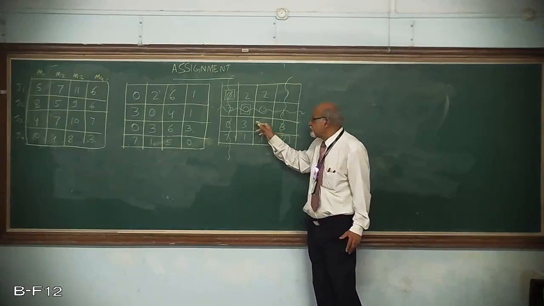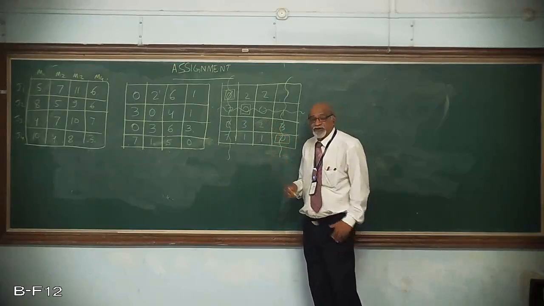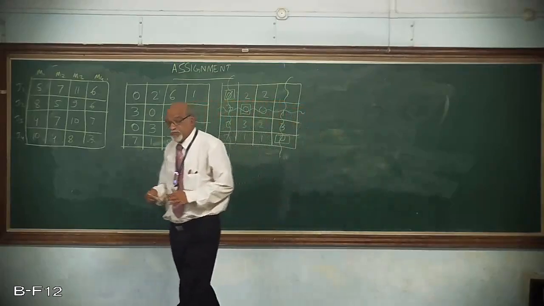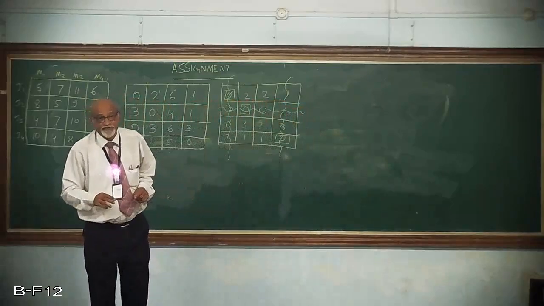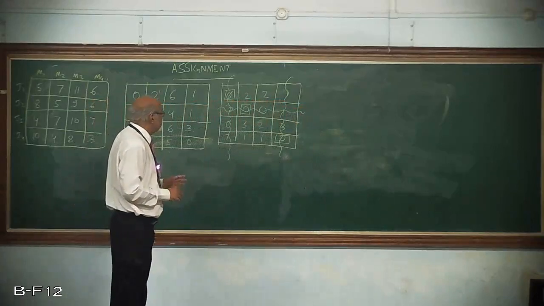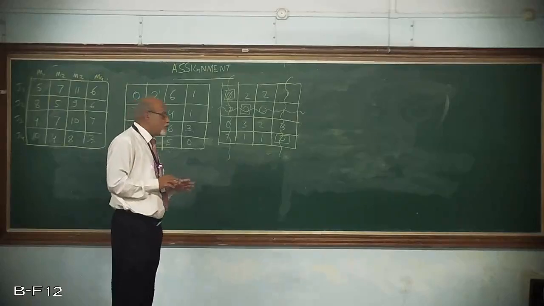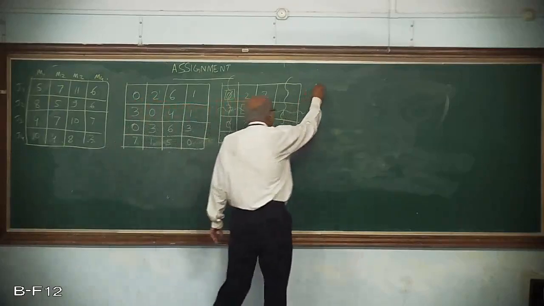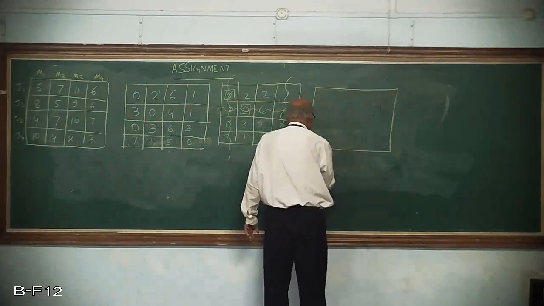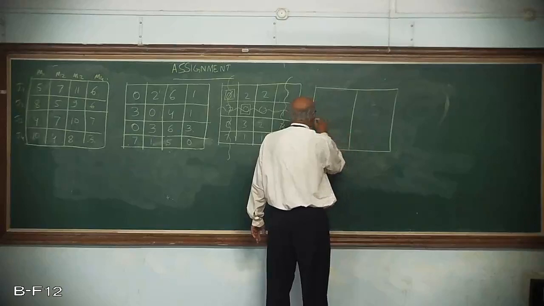Okay, now assignment is to be made. So what needs to be done next? Next, again, I need to create some more zeros. Try to understand. We are going to create some more zeros. How do I create some more zeros? Now, 2 or 3 things need to be observed here.